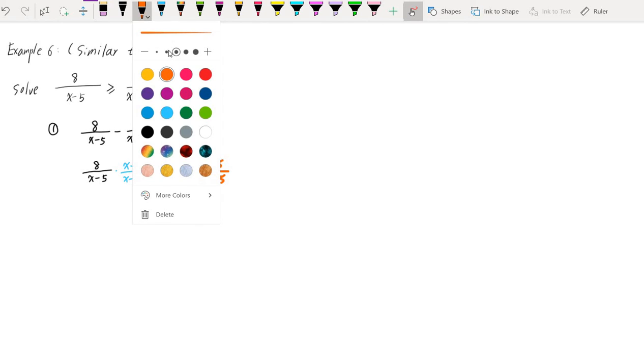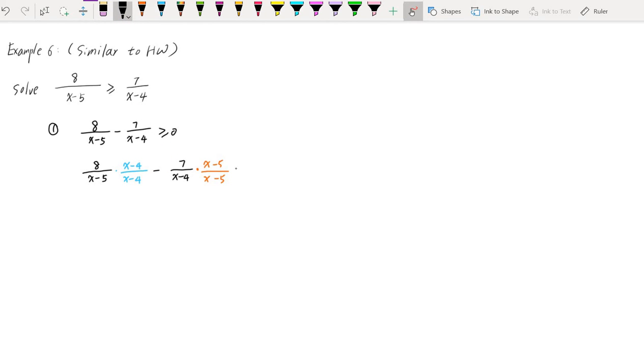Let me change it a little bit. Then we can write it greater or equal than 0. Once we have this, we can put parentheses, that way we have less chance to make a mistake. So I can write this with a common denominator, x minus 4 multiplied by x minus 5.